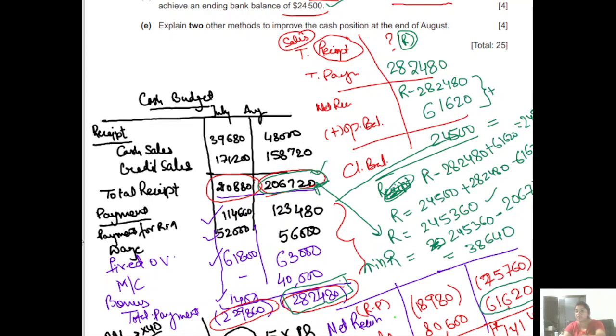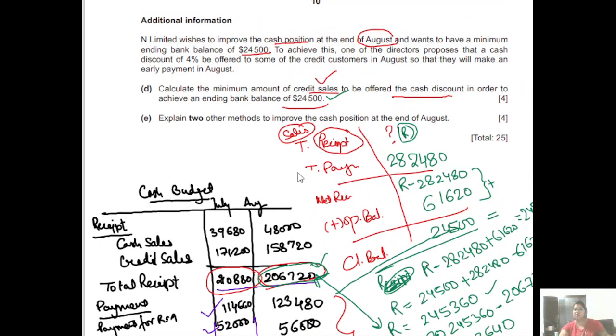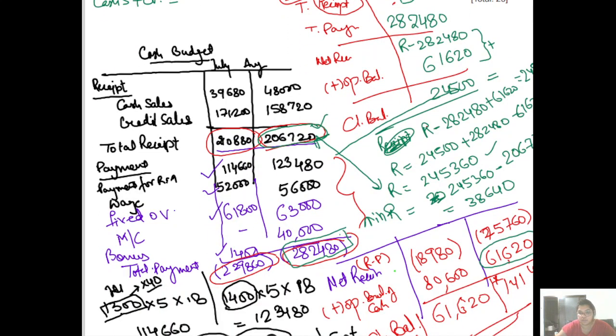This is total sales, in which cash sales and credit sales are both included. So 100% minus how much discount they are going to offer you? 2%, I guess. So look, cash sales plus credit sales is equal to how much, which we calculated here, 38,640.